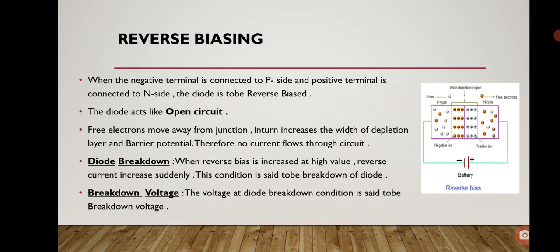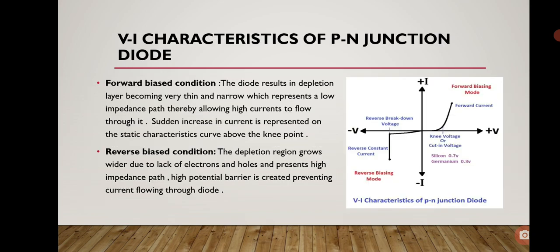When the reverse bias value increases, it will suddenly reverse the current flow. This condition is termed the breakdown of the diode, and the voltage at the diode breakdown is termed the breakdown voltage.